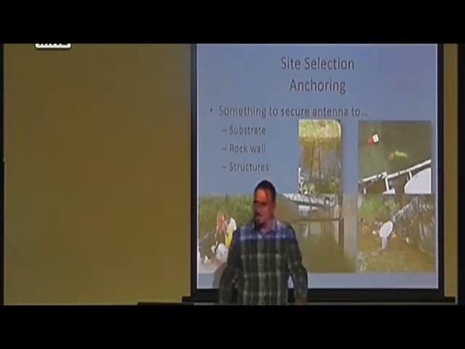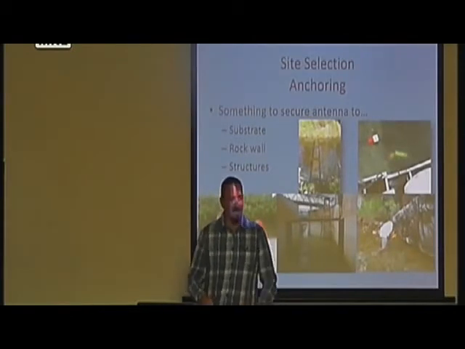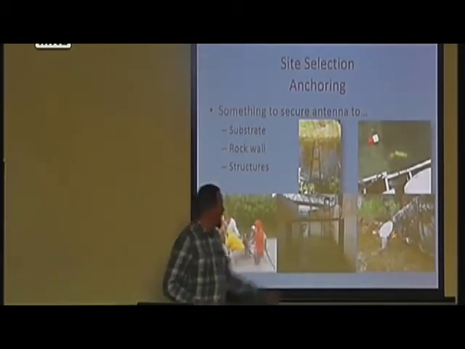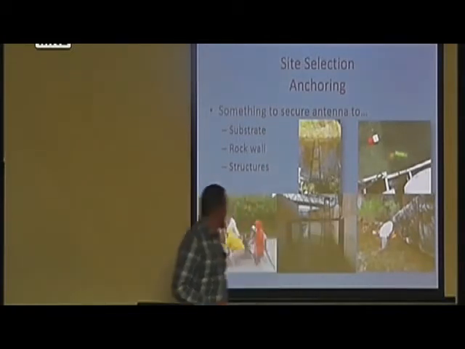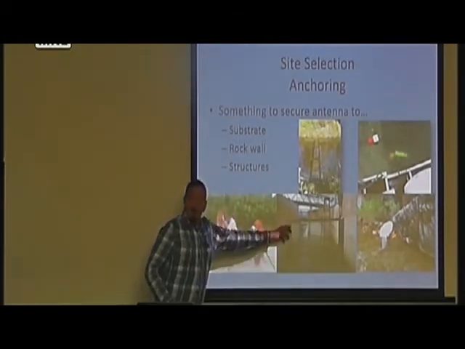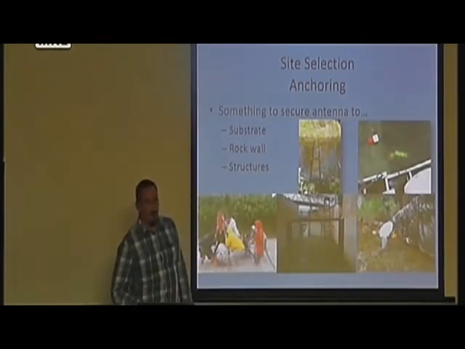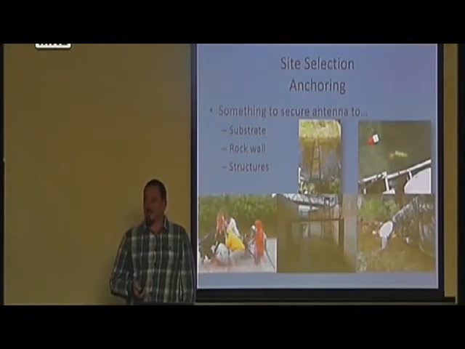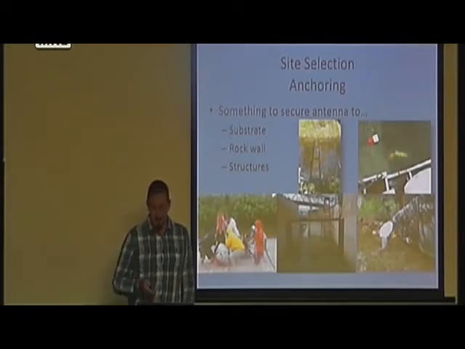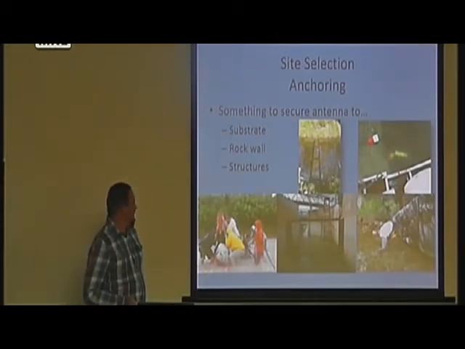The divers went down in the water and secured these antennas down in the bottom of the water. You could be connecting it, drilling into rocks to hold the antennas in, or really easy if you've got concrete walls, you use that. So again, a lot of the times for our fish passage projects, it's actually pretty easy to hold things in.